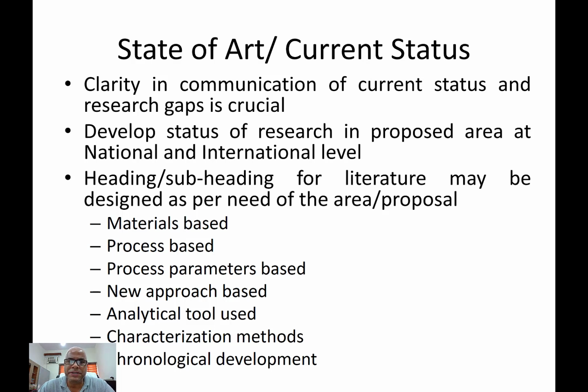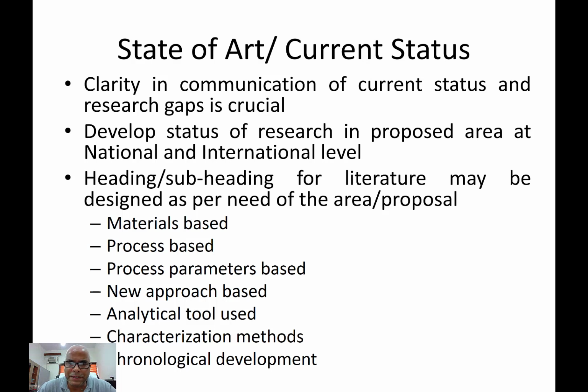The literature survey can be developed using subheadings like material based, what work has been done on aluminum, steel, cast iron, titanium, or process based, like how joining has been done using shielded metal arc welding, gas metal arc welding, submerged arc welding, laser welding, etc.